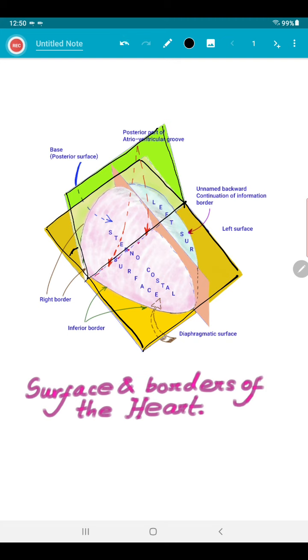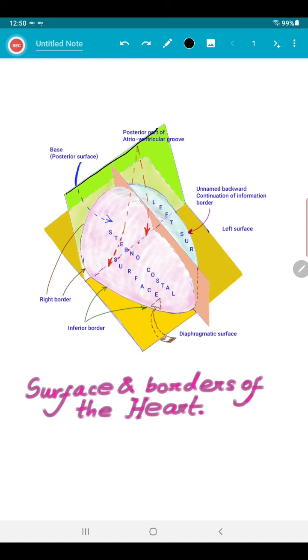So by these two planes, if you cut the heart, you can see one portion of the heart is thrust upon, or sitting upon, the green plane.